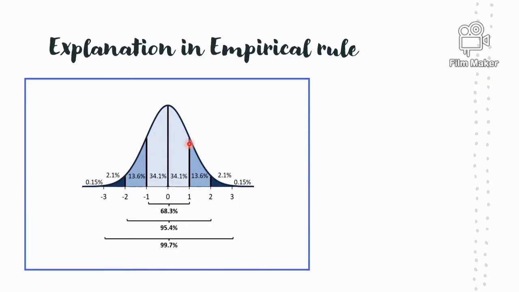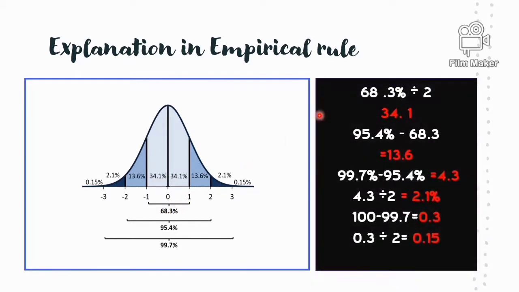Explanation of the empirical rule. So again, how do we get the 34.1%, 13.6, 2.1, and 0.15? Negative 1 to positive 1 is 68.3%. So 68.3% divided by 2 is 34.1.